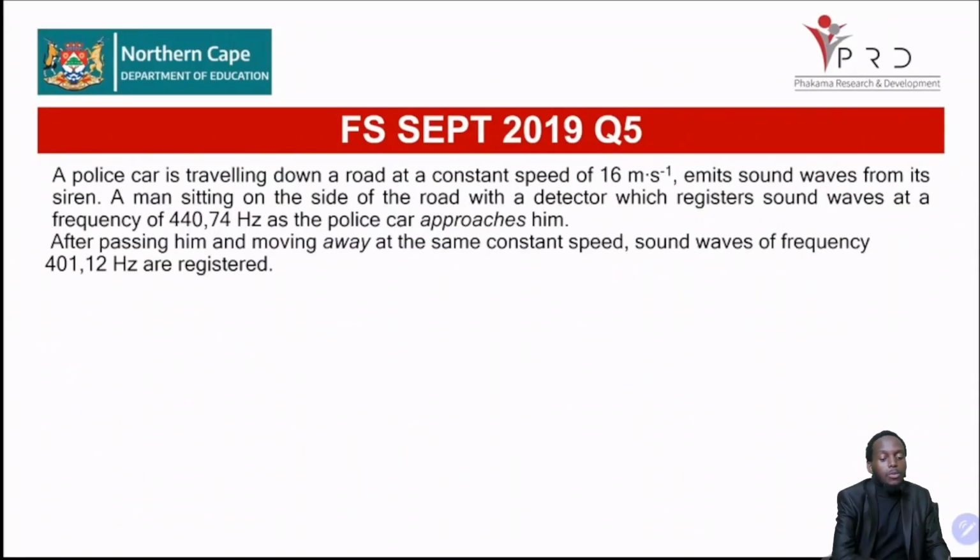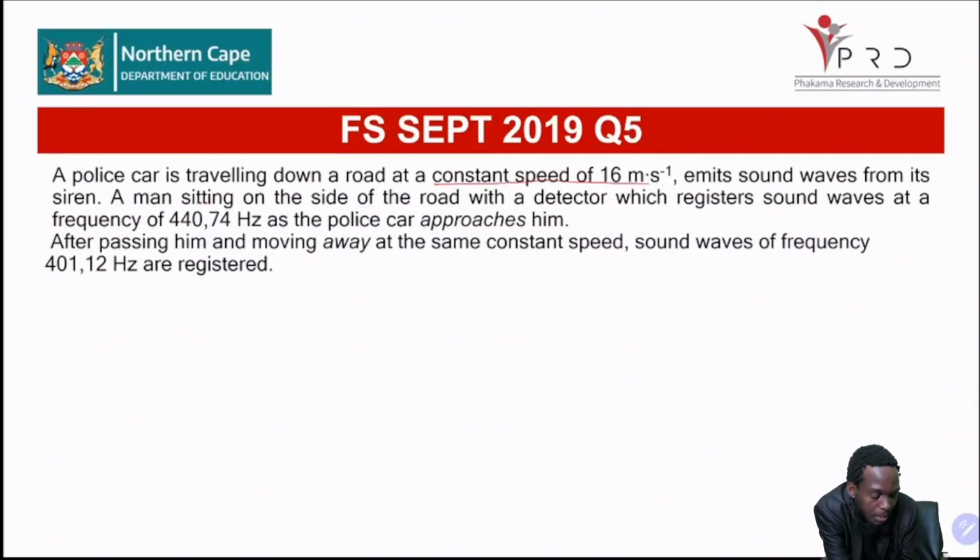Okay, the next question I want us to look at is from the Free State, and it's a September question paper of 2019. We are going to look at question 5. It says, A police car is traveling down a road at a constant speed of 16. It emits sound waves from its siren. A man sitting on the side of the road. So this man is sitting.